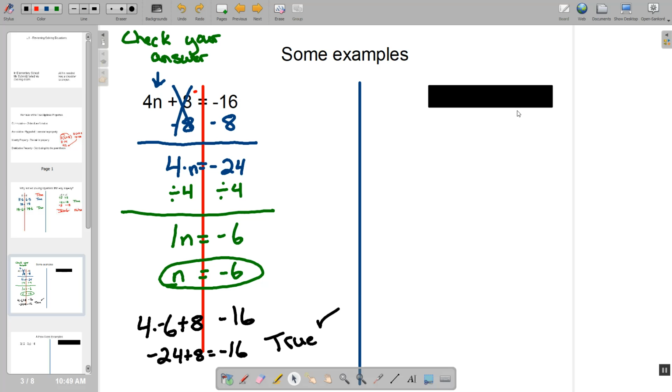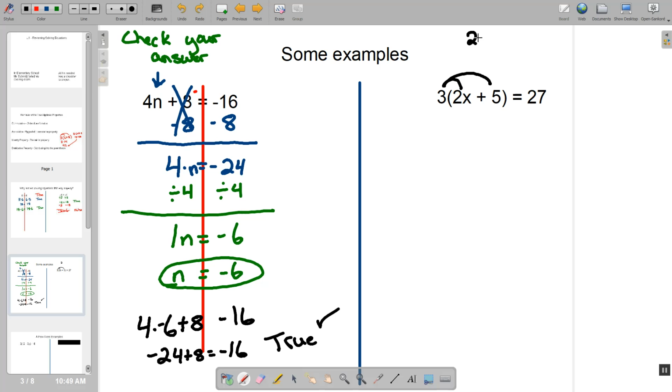Let's get a little bit harder here. We have 3 parentheses 2x plus 5 equals 27. So now we have the distributive property. And since we have an x inside of the parentheses, we have to do the distributing. Now, what the distributive property really means is that you are doing 3 groups of what's inside the parentheses.